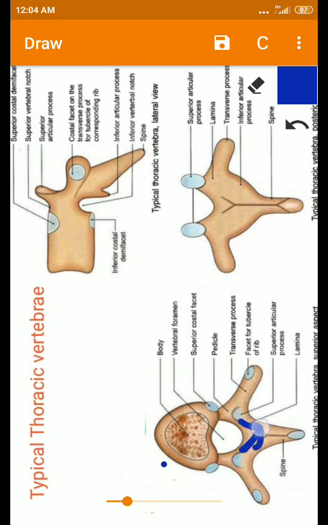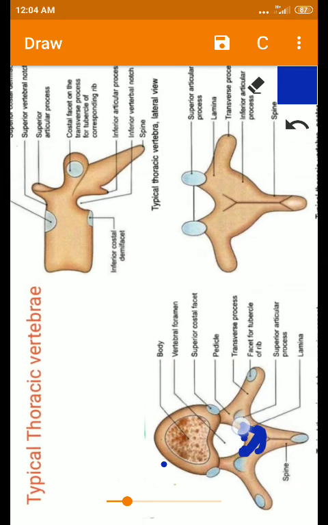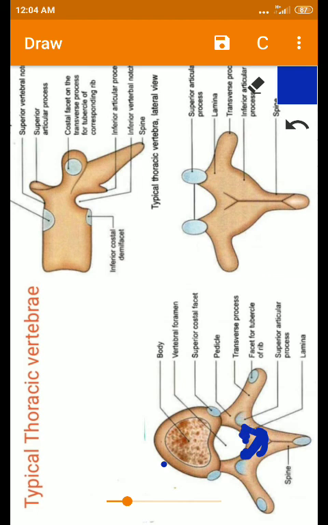In the laminae, this part is called the laminae, isn't it? For these laminae, this becomes the anterior aspect. That means the posterior border of the vertebral foramen is formed by the anterior surface of the laminae, isn't it? Yes.